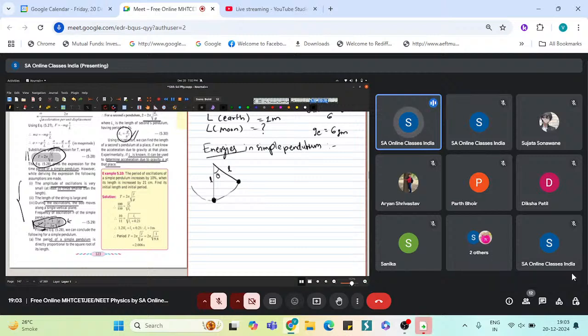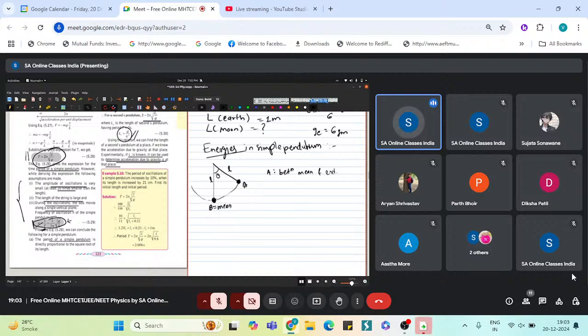Let's say this is some position A, which is not the extreme position. We can assume that it is some middle position A, between the mean and the extreme. And this is the position B, which is equal to the mean position.